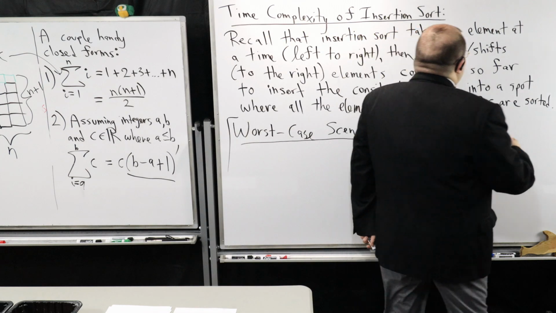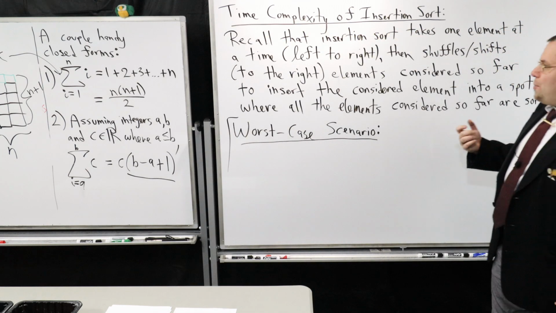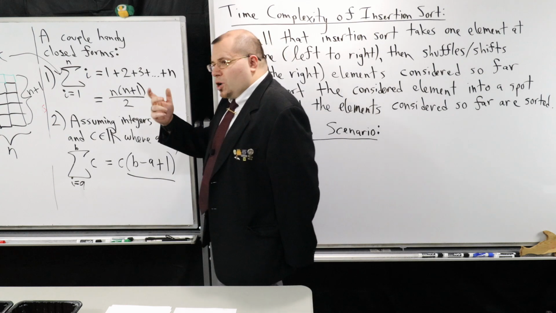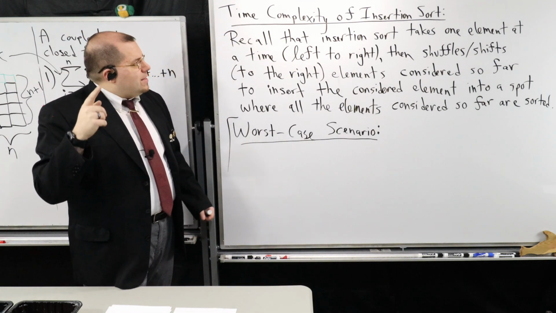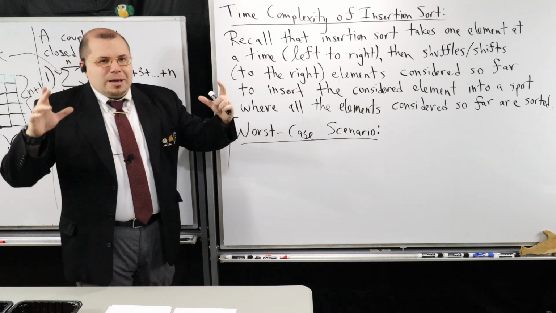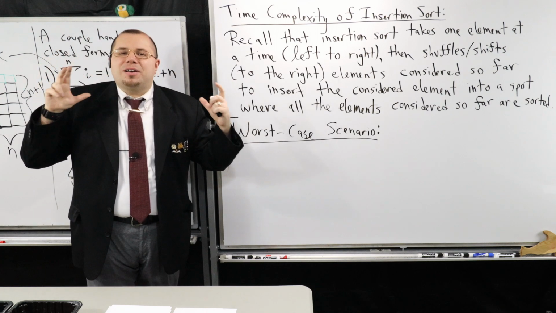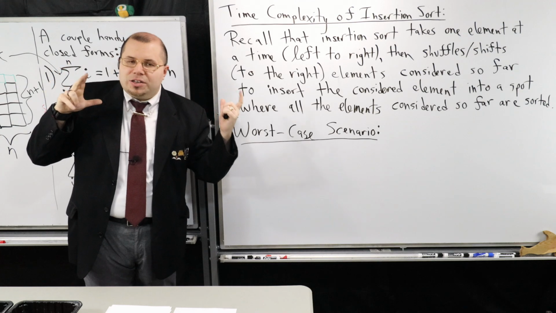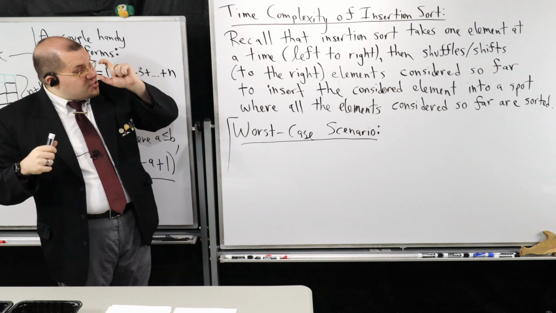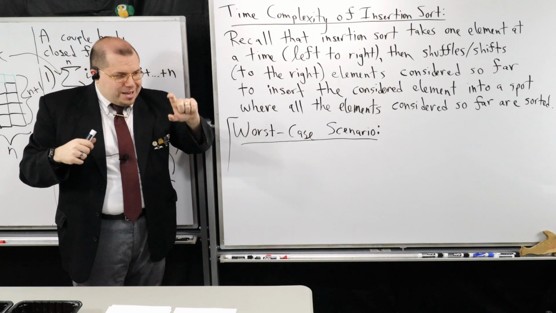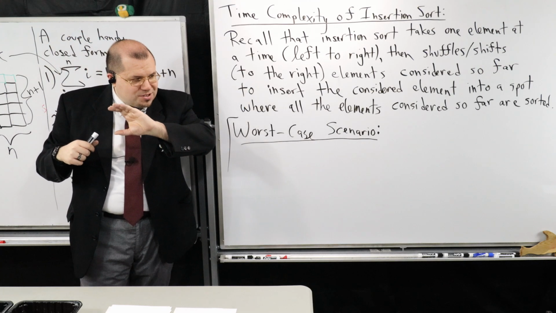So we're going to talk about insertion sort. The big thing I want you to recall about insertion sort is that the whole point is that we're sorting an array given to us of length n. In insertion sort, we go from left to right, considering each element starting at the leftmost position.